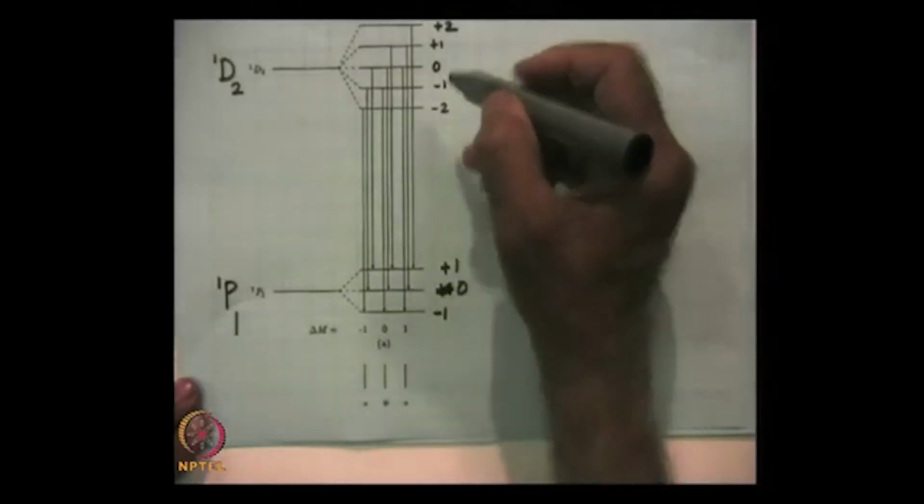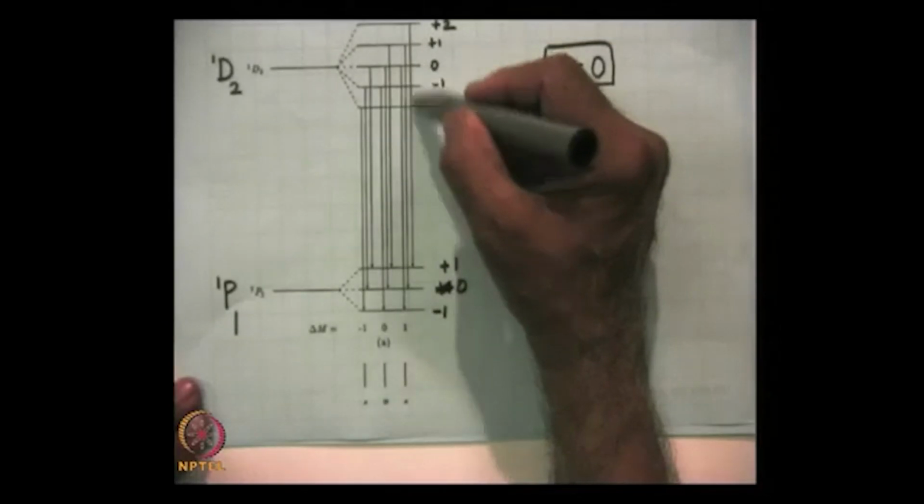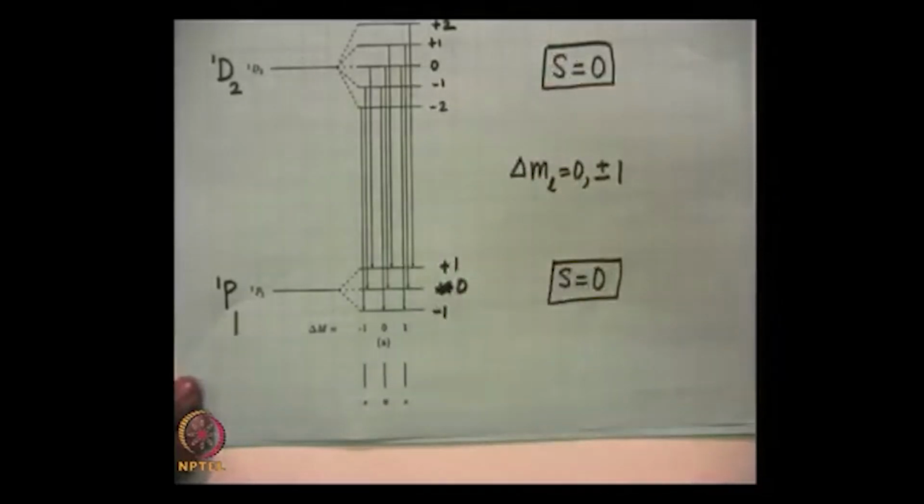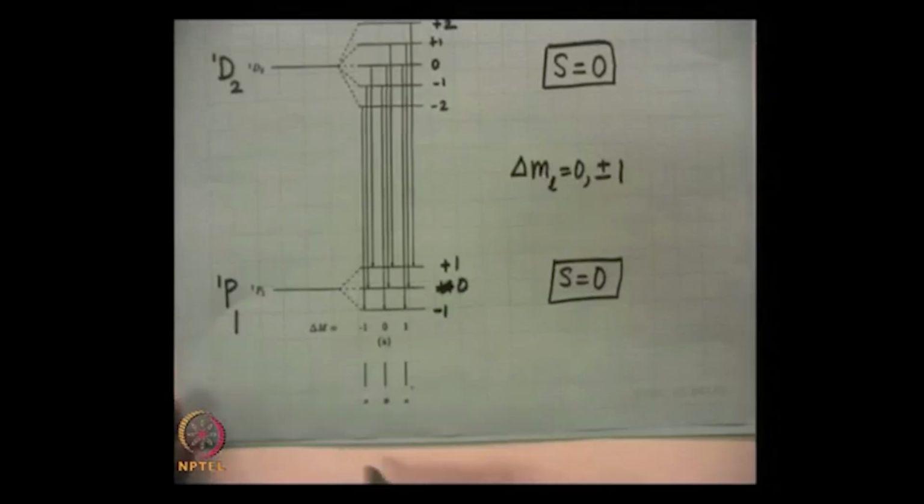And as you can see from the figure, the splitting is the same here as well as here, and therefore it results in a Lorentz triplet. This is what is known as the normal Lorentz triplet. There are 3 lines.